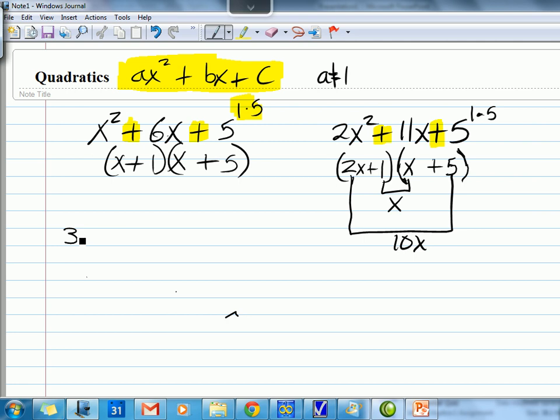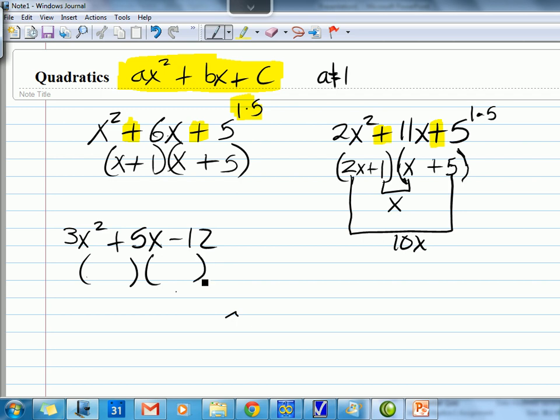Let's talk about 3x squared plus 5x minus 12. Once again, it's going to factor into two binomials.